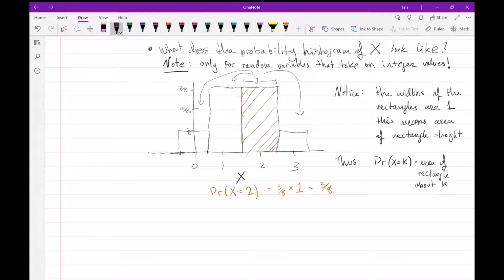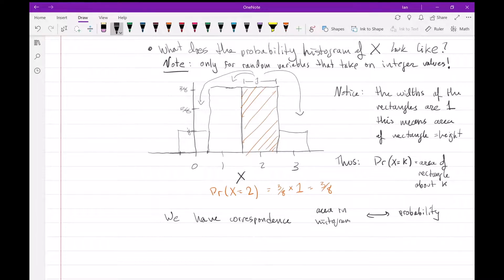So in general, we have the correspondence: area in histogram and probability. And that's pretty cool.